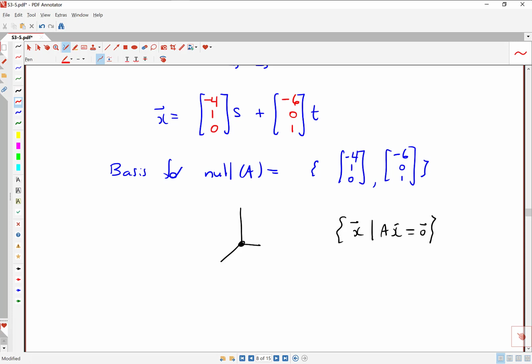So (-4, 1, 0), let's say that looks like that, and (-6, 0, 1), let's say that looks like that. So that's describing to us some plane through the origin, which is our null space of A. Any vector that lies on this plane is guaranteed to make Ax equal 0.